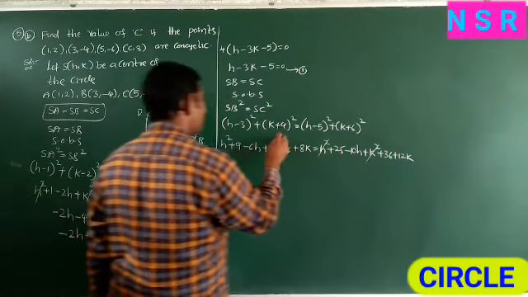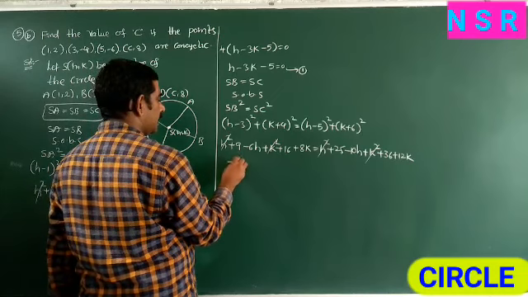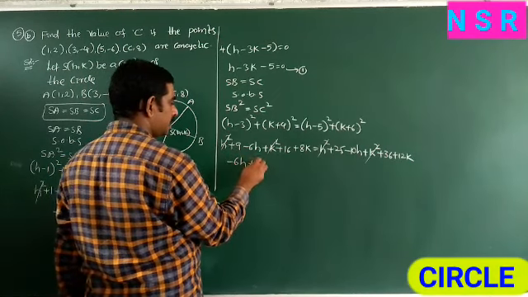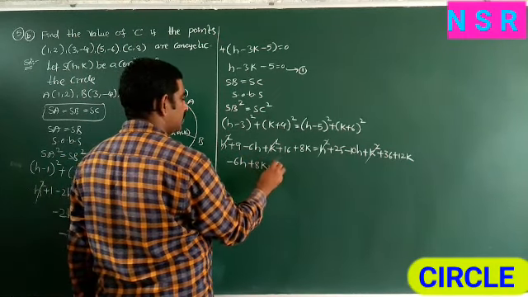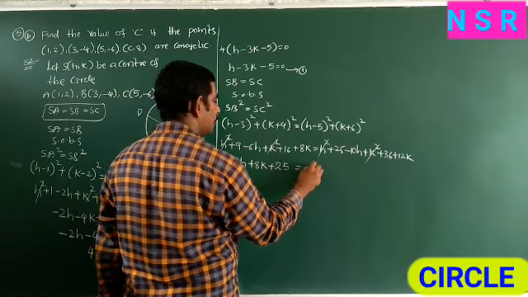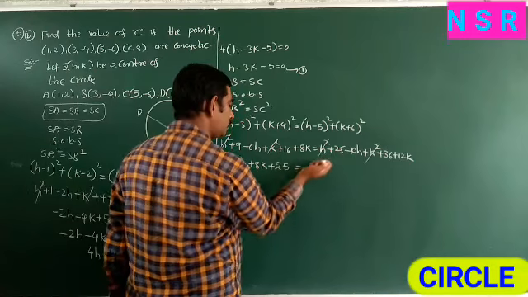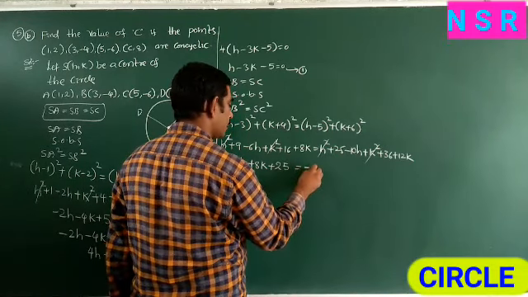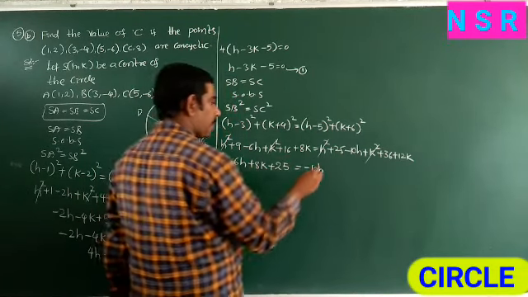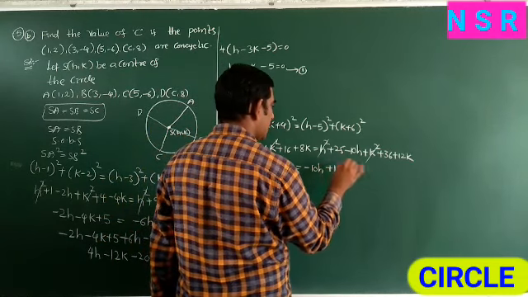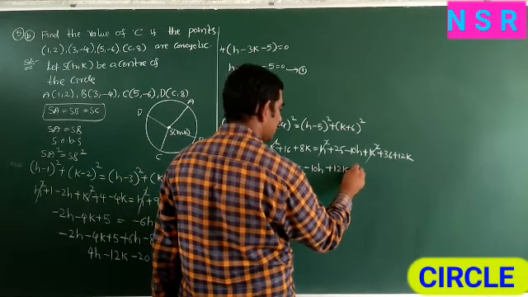Now here also both sides h² and k² get cancelled: −6h + 8k, 16 + 9, 25, equal to −10h + 12k, 25 + 36, 61.